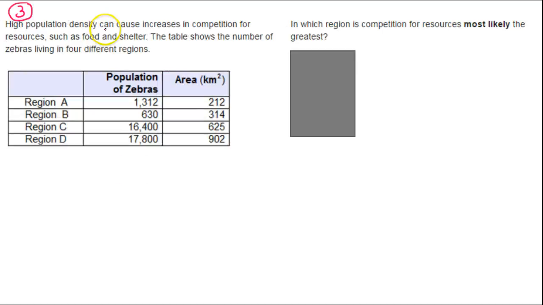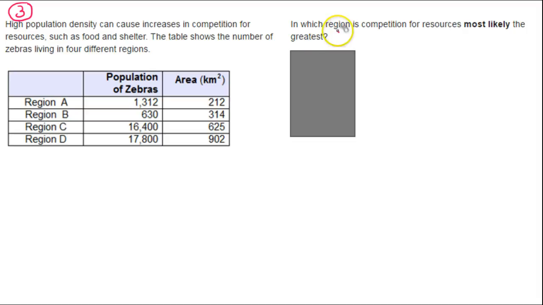High population density can cause increases in competition for resources such as food and shelter. The table shows the number of zebras living in 4 different regions. In which region is competition for resources most likely to be the greatest?